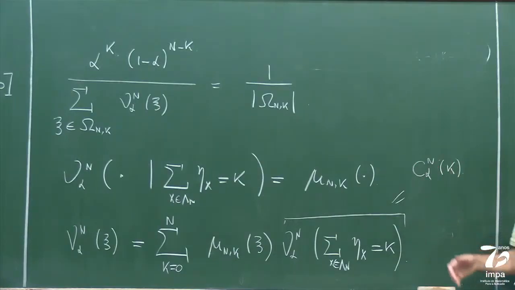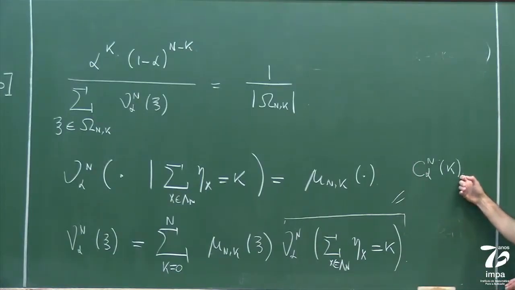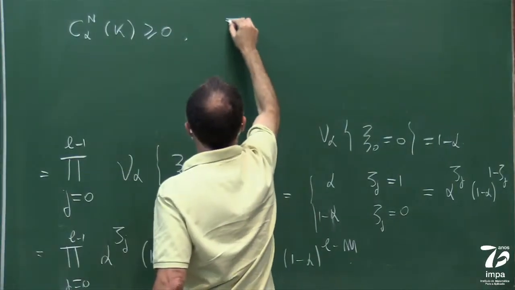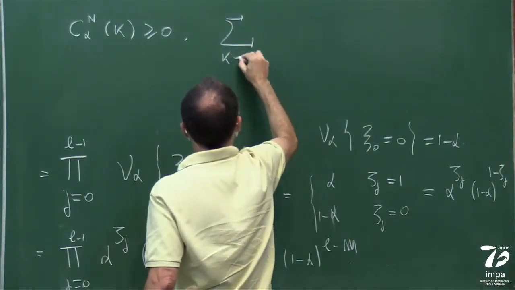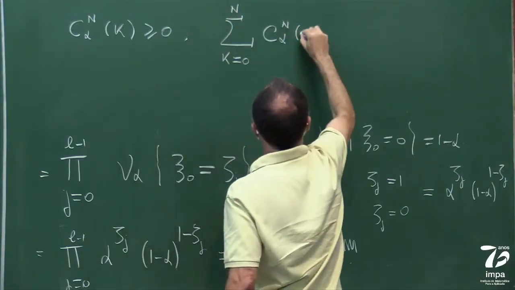For each k, it's a number. And they are all positive, and if I sum over k, I get 1. So C n alpha k is positive, and if I sum k from 0 to n, C alpha n k, this is 1.